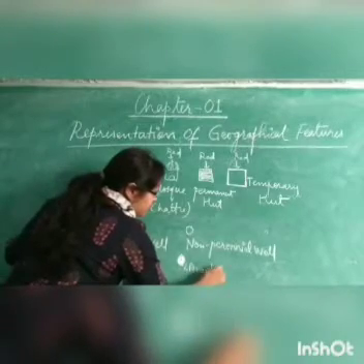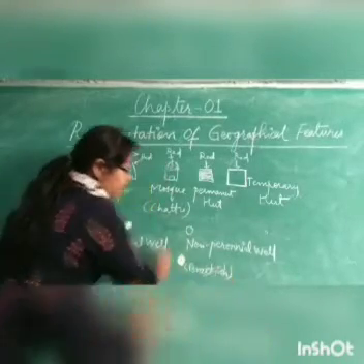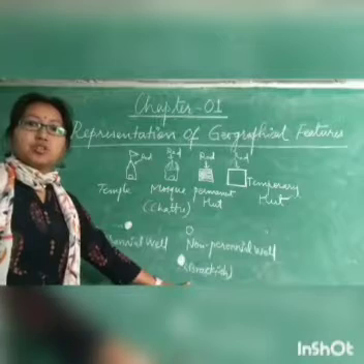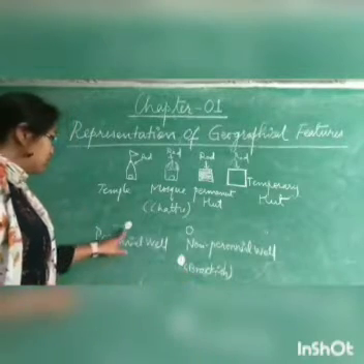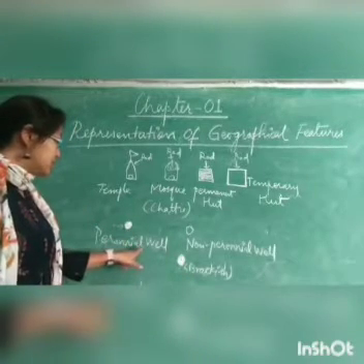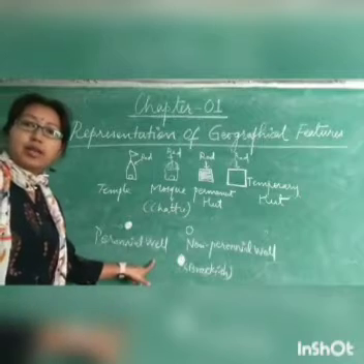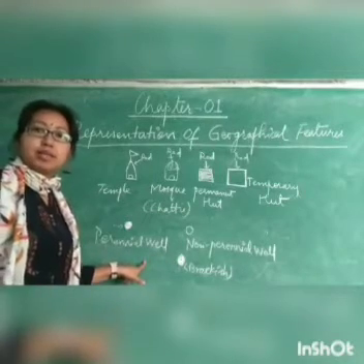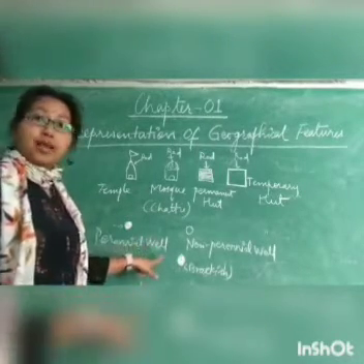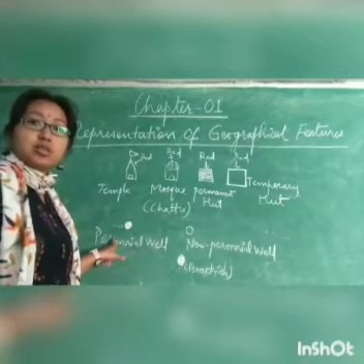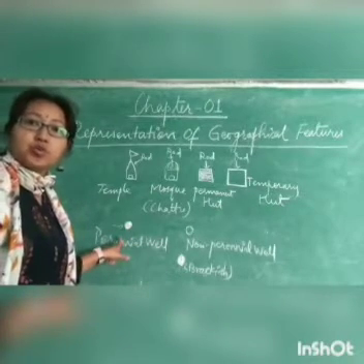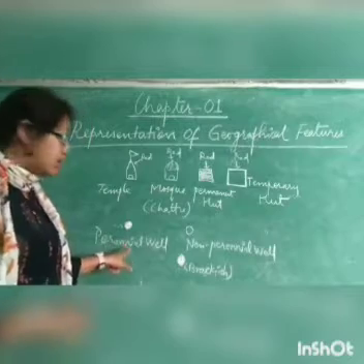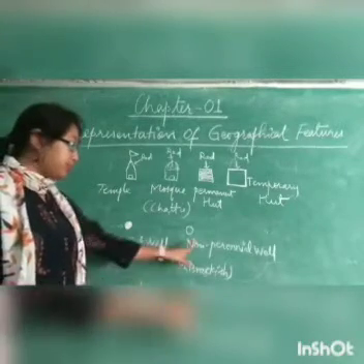This is brackish, blue dot. So the blue dot represents a perennial well. Perennial well means the well which contains water throughout the year, right?